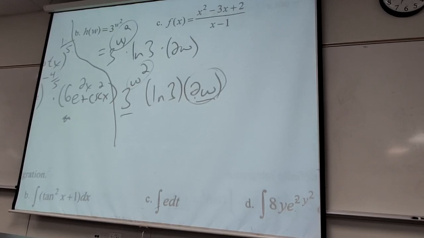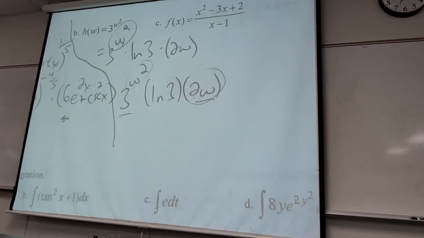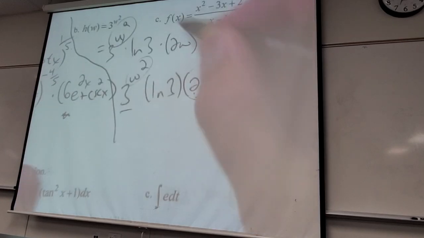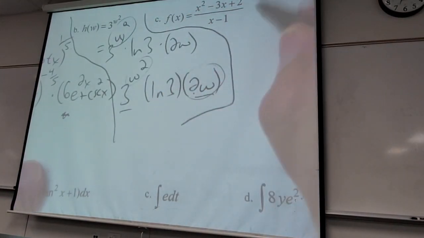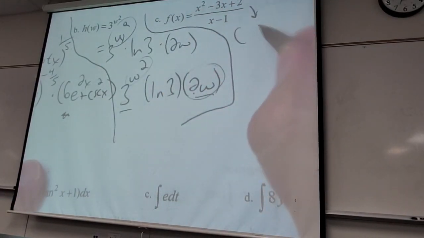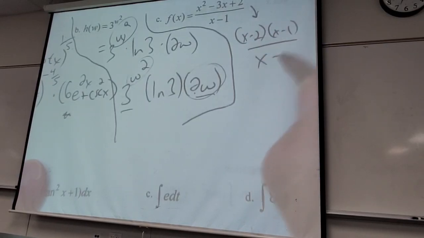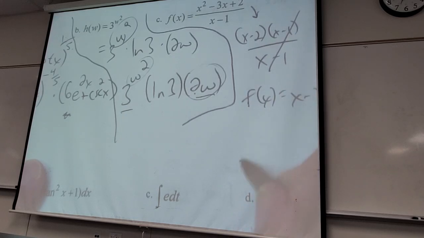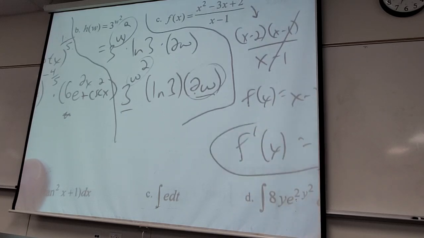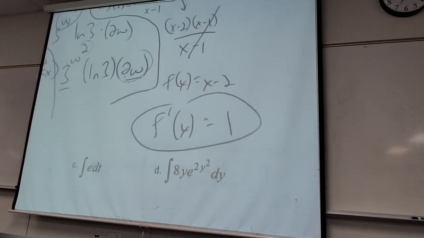How do you factor the top? x minus 2, x minus 1, and the bottom is x minus 1. Those cancel. So f of x is x minus 2. What's the derivative of that? 1.